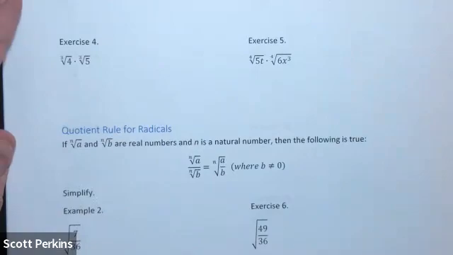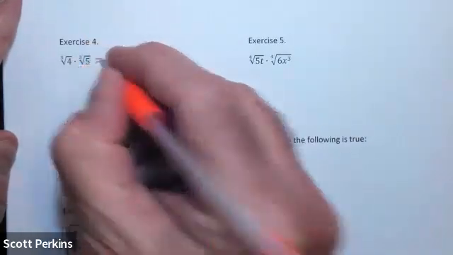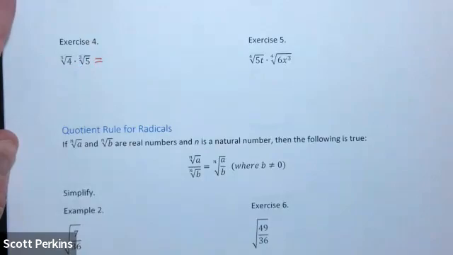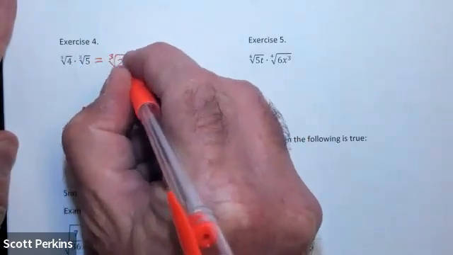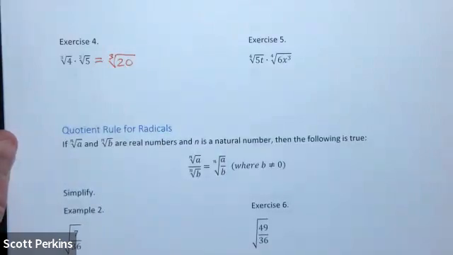So I've got the cube root of 4 times the cube root of 5. That turns out to be what? Cube root of 20. Yep. The index on both those radicals is the same, so I am allowed to use the product rule.